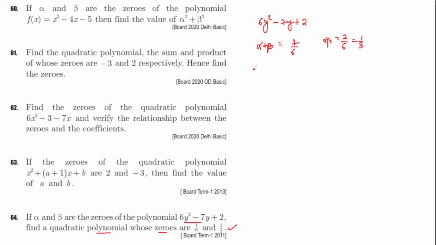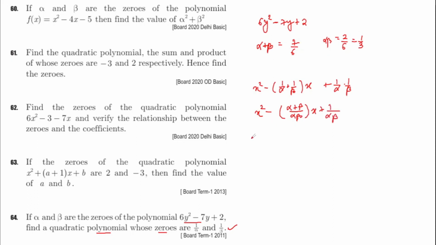Okay, this is clear. Now we need to form another polynomial where the zeros are 1 by alpha and 1 by beta. So this will be the new polynomial where the zeros are 1 by alpha and 1 by beta. Now this will give you x square minus the sum, which is 1 by alpha plus 1 by beta, and both are the same thing, and this will give you 1 by alpha beta.